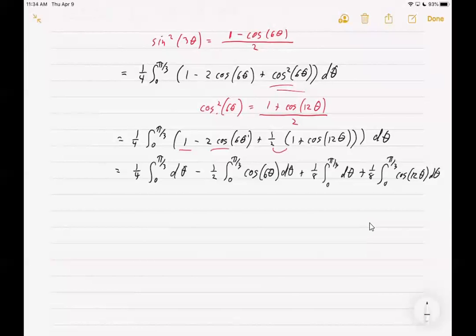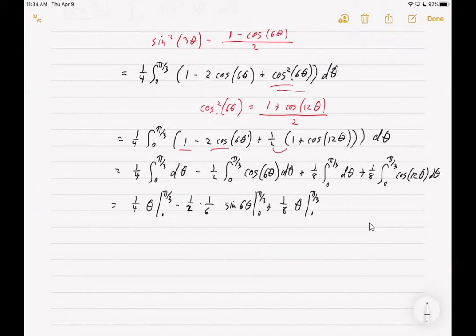Now it's a mess, but each one of these terms is not that hard to integrate. So the first term is just 1/4 theta from 0 to pi over 3, minus 1/2. The cosine of 6 theta we already saw would be 1/6 sine of 6 theta, evaluated at 0 and pi over 3, plus 1/8 theta again from 0 to pi over 3.